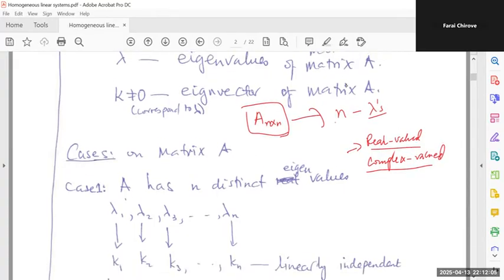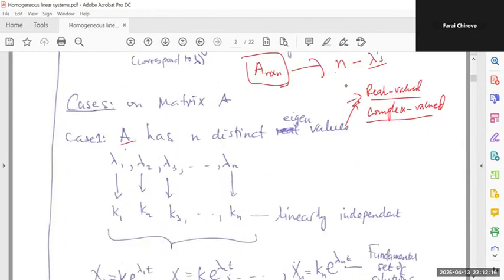So if A has n distinct eigenvalues, it means they are different and real valued. We can have the first case of real valued eigenvalues as lambda 1 up to lambda n, where lambda i is not equal to lambda j for i not equal to j, and i, j between 1 and n.